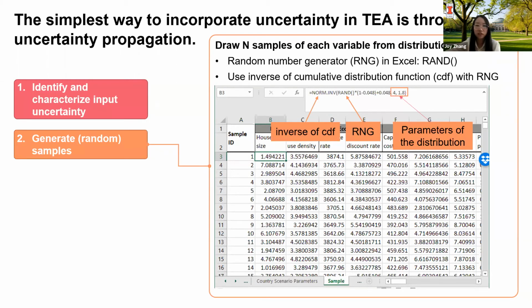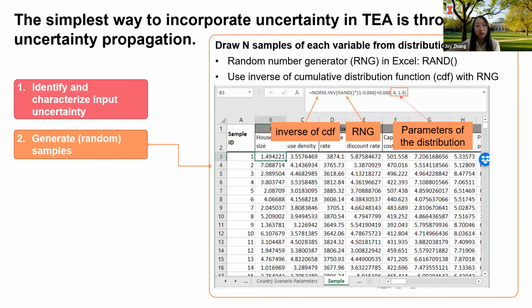For example, if we define the household size, a contextual parameter, as following a normal distribution with a mean of 4 and standard deviation of 1.8, we can use the NORM.INV function coupled with the random number generator, and it gives us a sample from that normal distribution we defined.